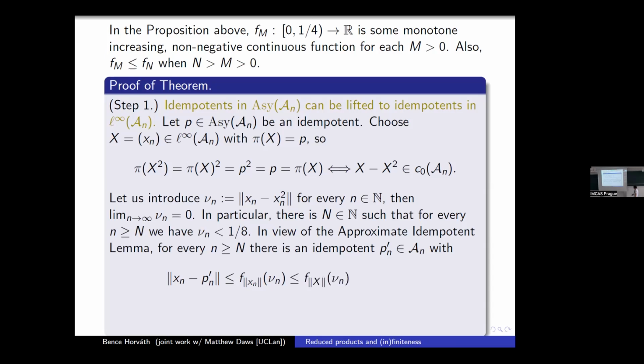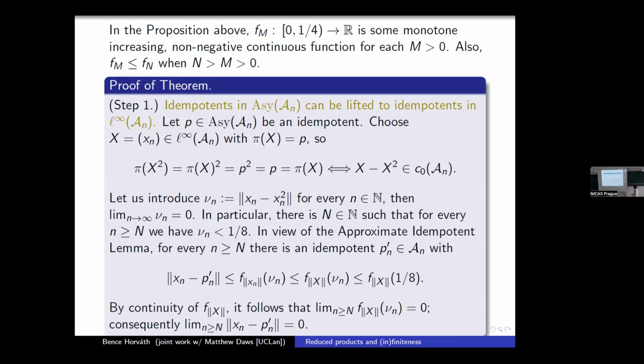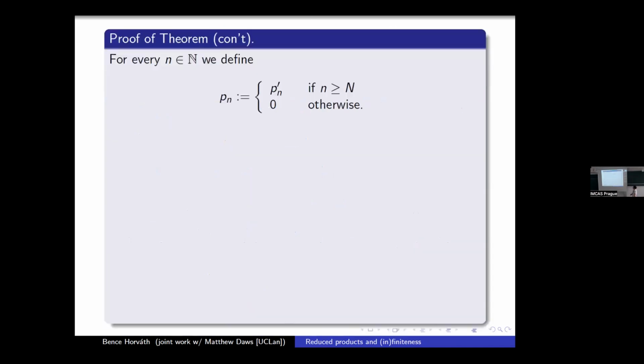With the norm of the representatives, and just using again that this is monotone increasing, you can bound this by this rather nice constant. And from continuity, you get that this sequence must also converge to 0, which implies that this goes to 0 from an index. Now we just set your idempotents P_n to be the P_n primes if they are sufficiently far along, and 0 otherwise.